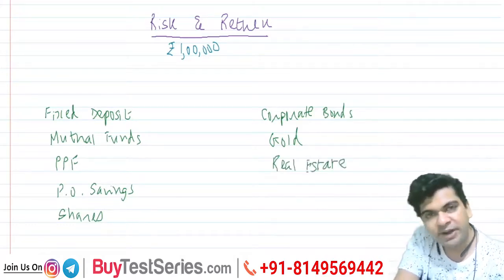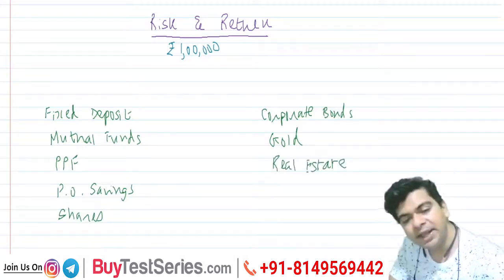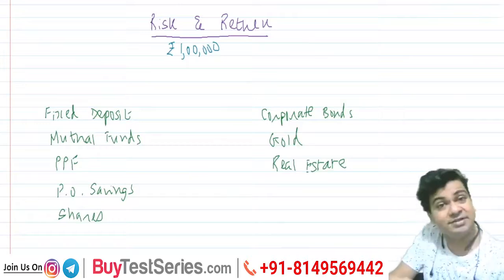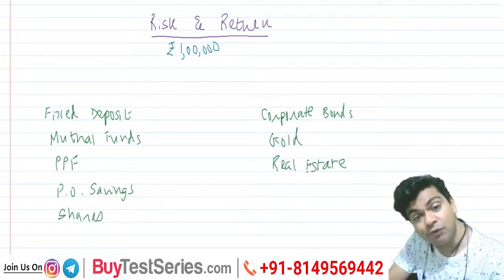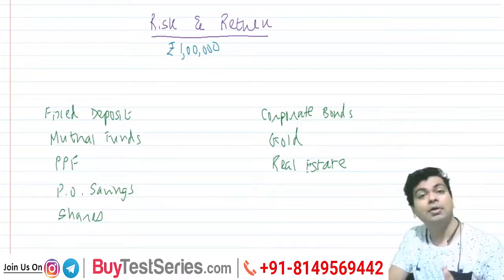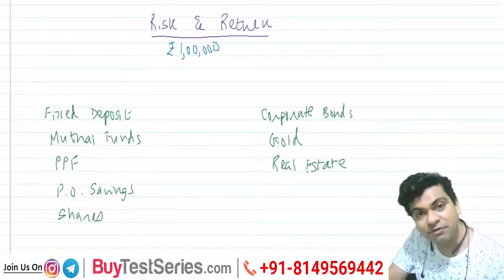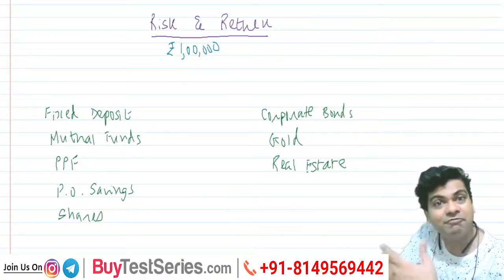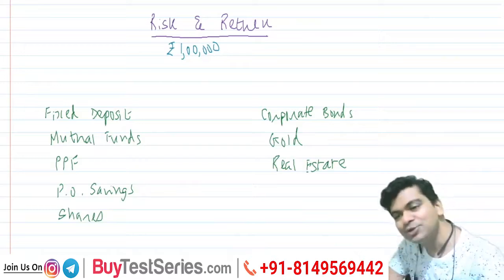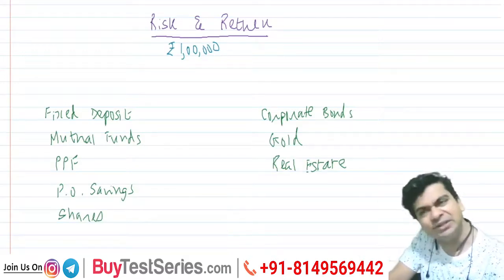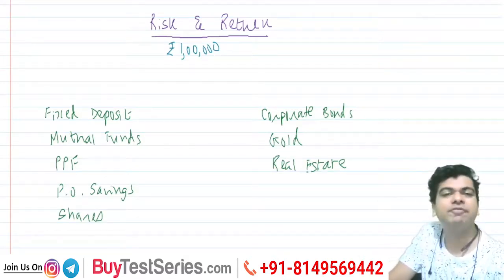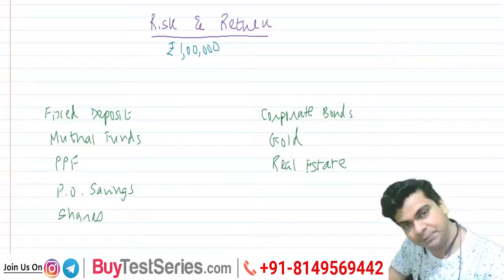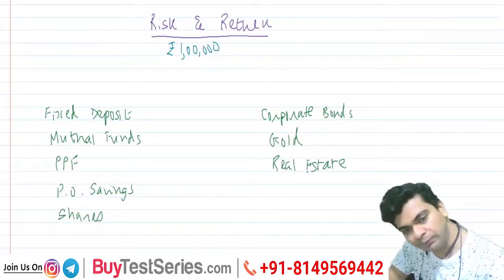Although, be very clear, you won't get anything in 1 lakh, and if you are getting something in 1 lakh, then I am also very much interested. You can definitely give me the necessary information that so and so property is available for a lakh of rupees. I am very keen on buying it. But for the sake of it, since we are making a list of different investment avenues, it makes sense to put real estate too.